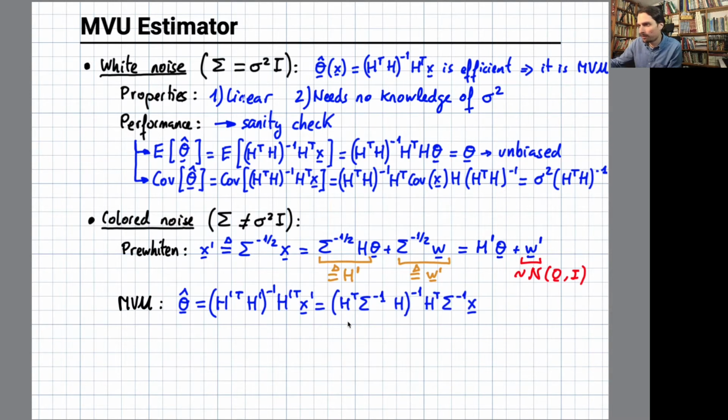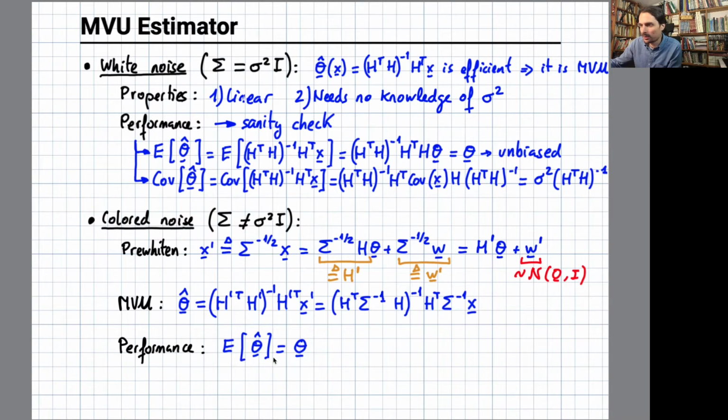Now by just substituting back the values of h prime, we obtain this expression here. So this is our MVU estimator for the case where the noise is not white. As you see, the trick is very smart. The performance can again be computed just by what we know.